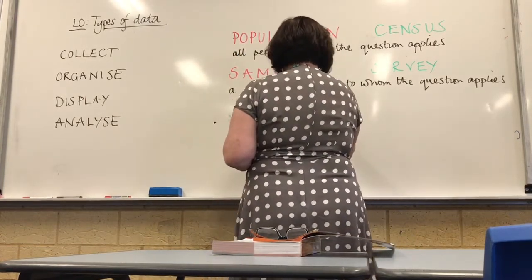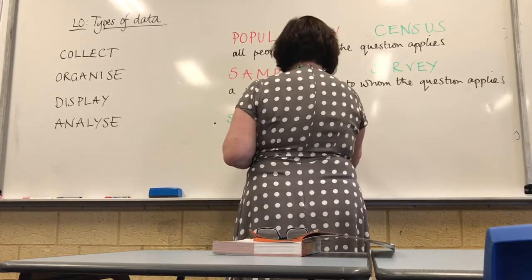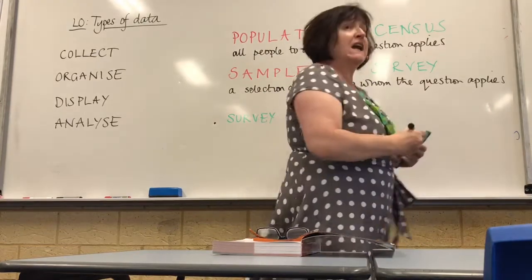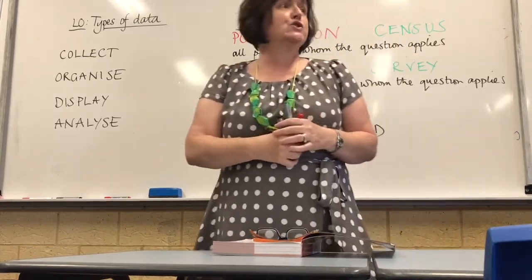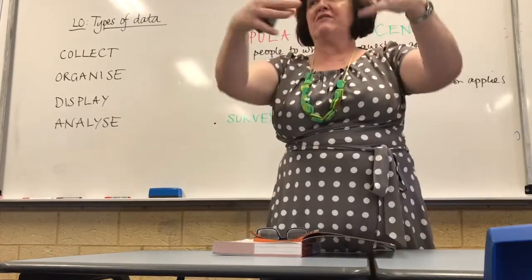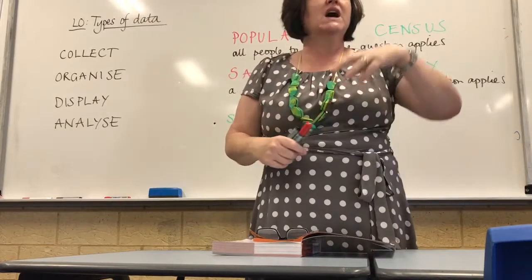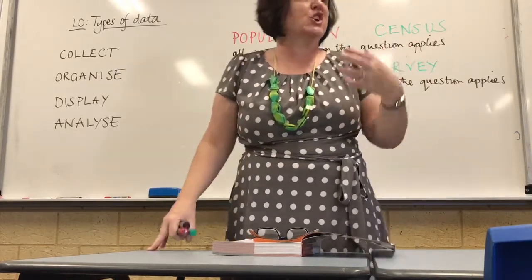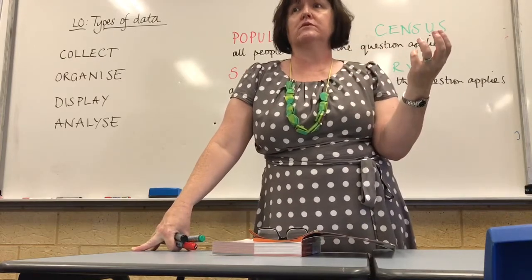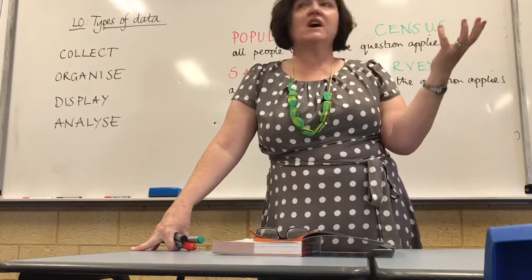So you can have biased and unbiased surveys. If I really wanted to find out what shop people did their grocery shopping in, where should I go to stand to ask people, do you think? Outside the shopping mall.